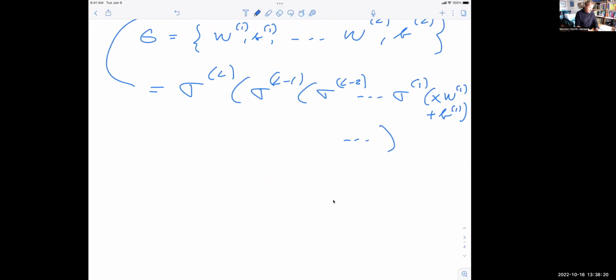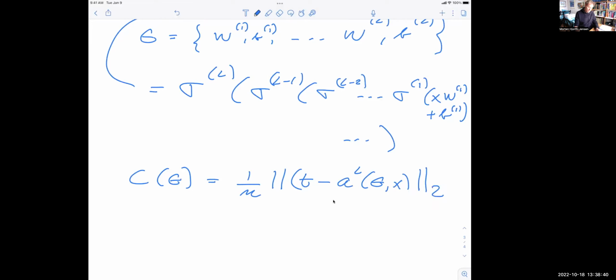And then the cost function, if we are doing a regression problem, like we've been doing before, could now be 1 over n, and then we have the norm 2 of t, the targets, minus the values of the output in the final layer. And this is norm 2 squared.